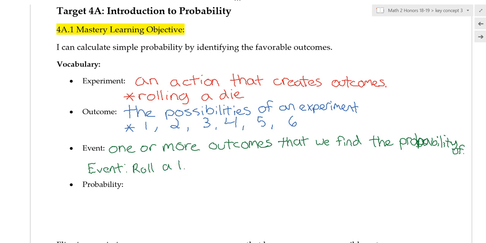That is one outcome. The outcome is 1. Another event could be roll an even number: 2, 4, or 6. So it has 3 outcomes.